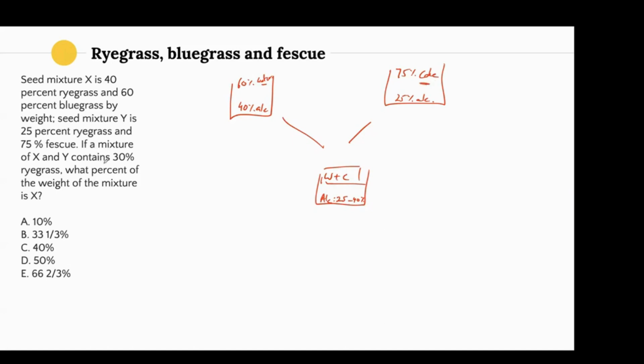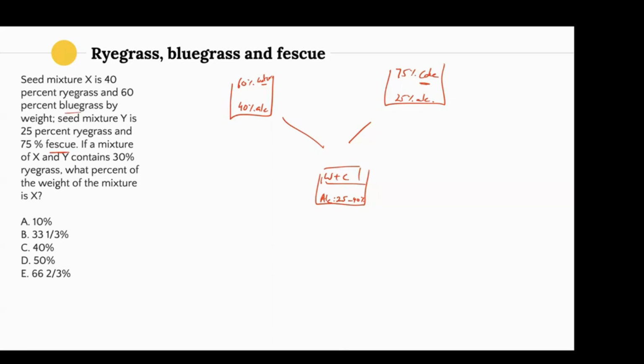So here also, for example, in the mixture, 30% is ryegrass. The remaining 70% will be some combination of fescue and bluegrass. Fine. But as far as my calculations are concerned, whether this other element is the same in the two cases or different, that doesn't matter at all for my purposes.